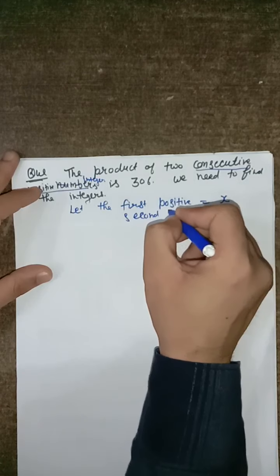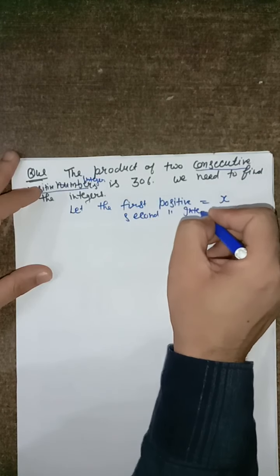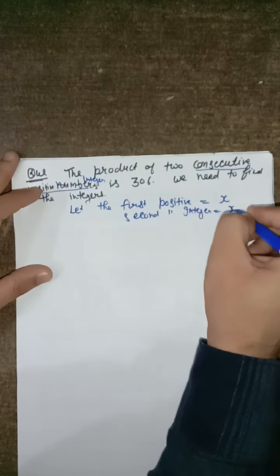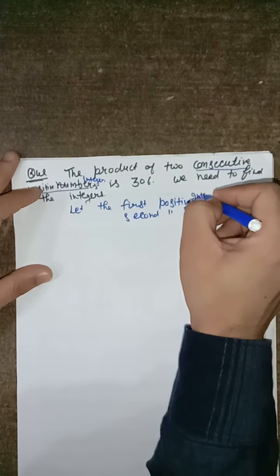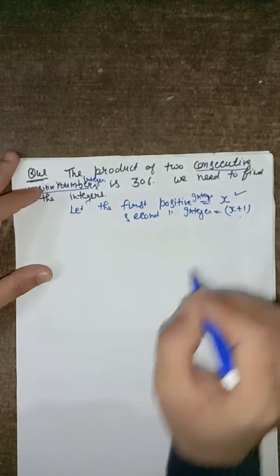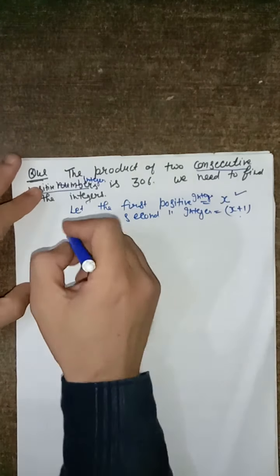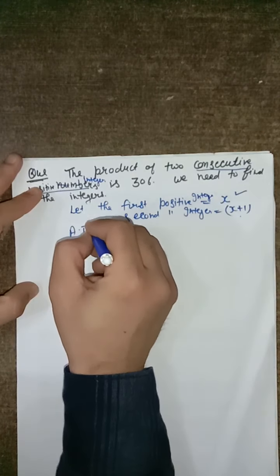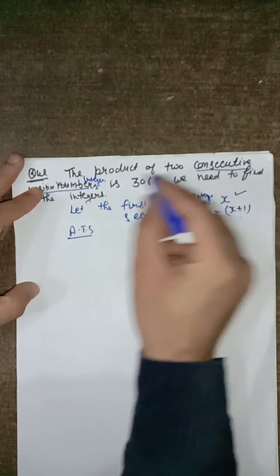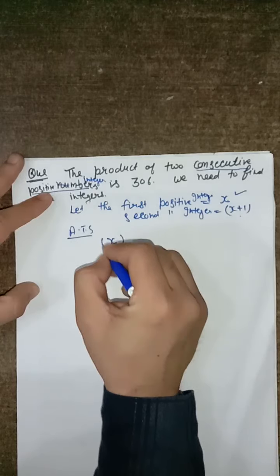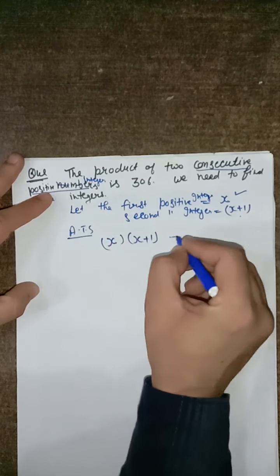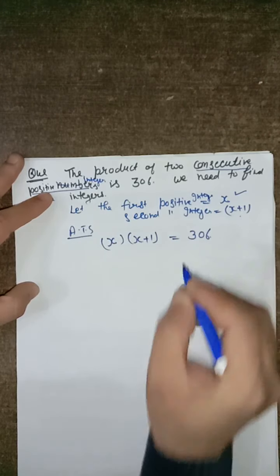be x plus 1. This is my first positive integer and this will be my second positive integer, and according to the statement the product of two consecutive integers is 306, means first into second equals 306.